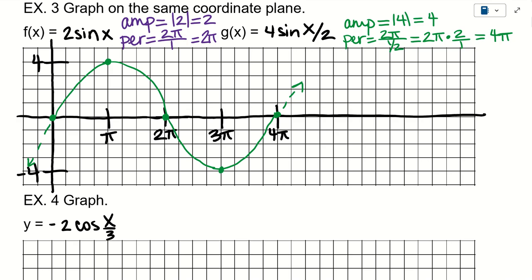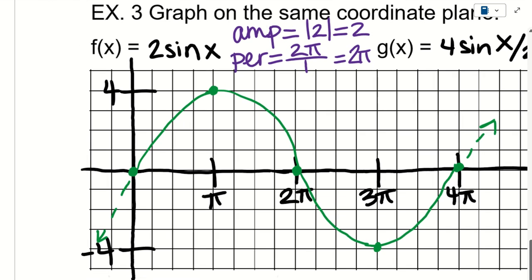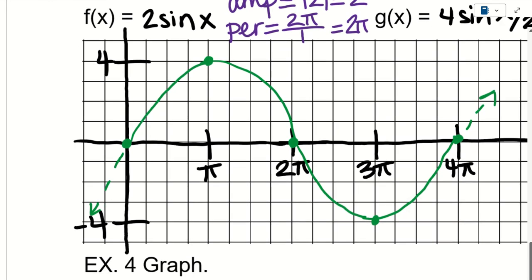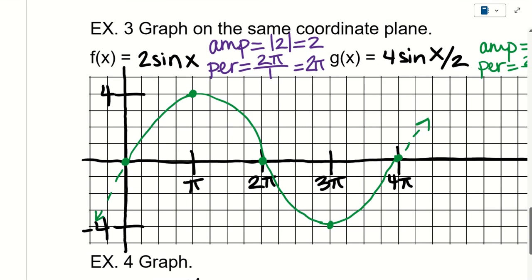Okay, so now I want to modify my graph so that I can fit 2 sine x on here as well. I know that it will fit because the period and the amplitude are smaller. Okay, so for the f function, I know that the period is 2 pi. So I'm going to zoom in here. I know that the very last mark for this one has to be 2 pi. So that means I'm going to fit 2 of these in this amount of space.